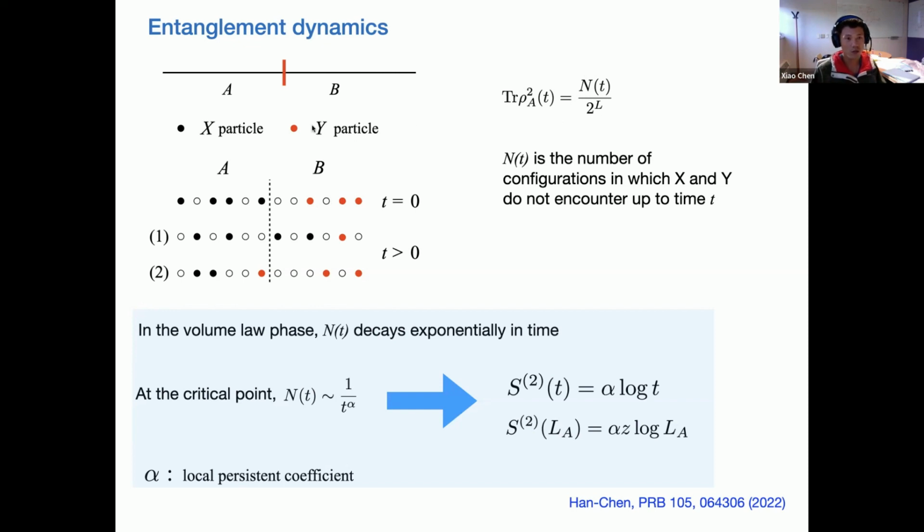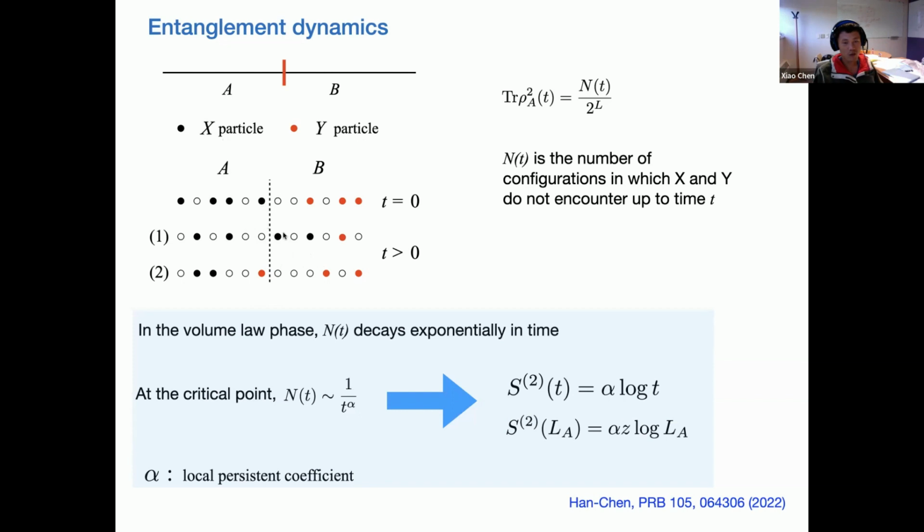If we compute the bipartite entanglement entropy for a subsystem A, let's consider the simplest case. There's a boundary between A and B. Here we could introduce two types of particles, X particles and Y particles. Let's consider the evolution of the particles under this dynamics. Particles can spread or get killed due to the measurement.